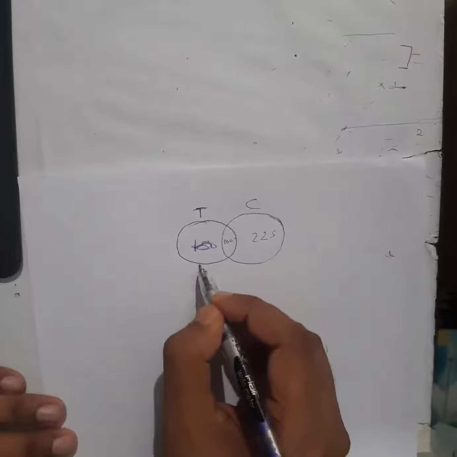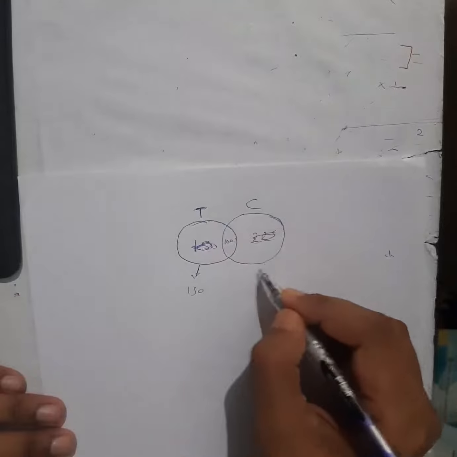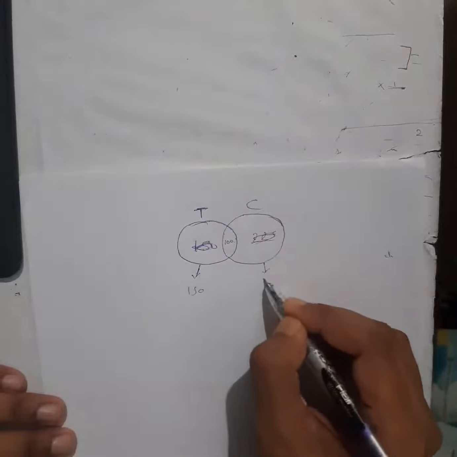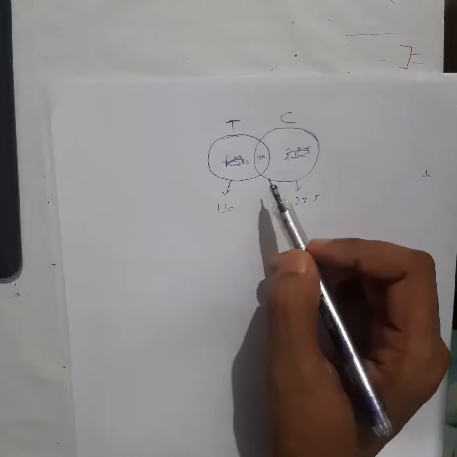So let me write this one outside. 150 students take tea, 225 students take coffee, and they have said that 100 students take both tea and coffee, right?